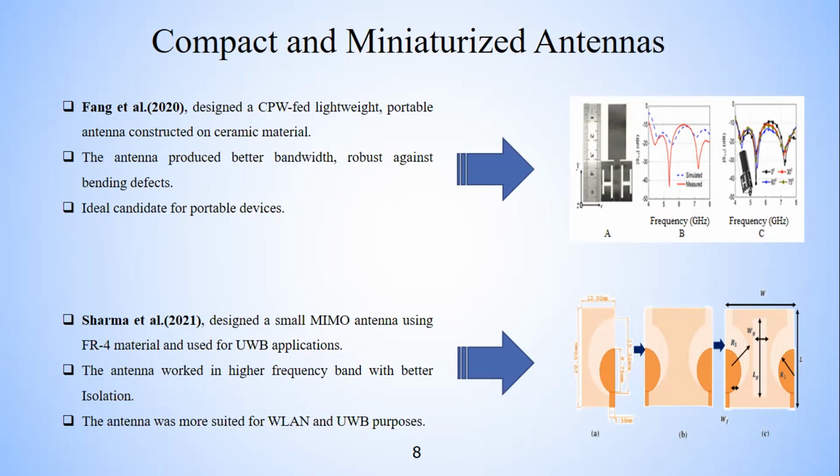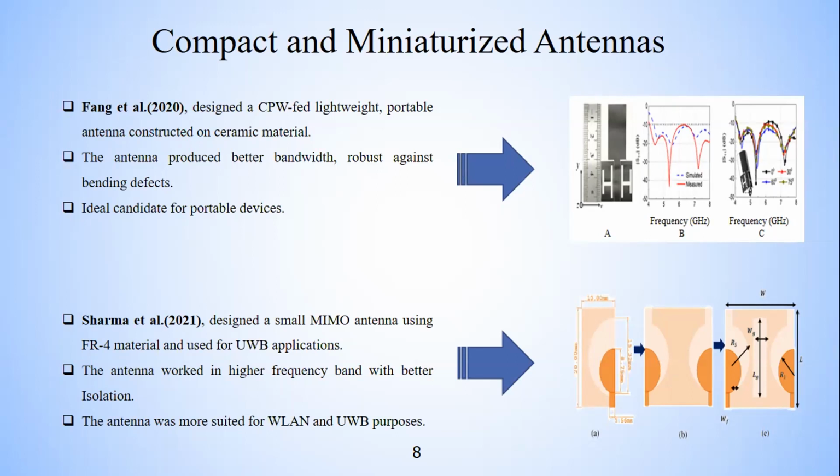Sharma designed a small MIMO antenna. When we talk about MIMO, this means that we are talking about different kinds of elements that are neighboring each other, and they are close to each other. So that's why we always have to think about isolation, the isolation between the parameters of the antenna or the elements which can affect each other.